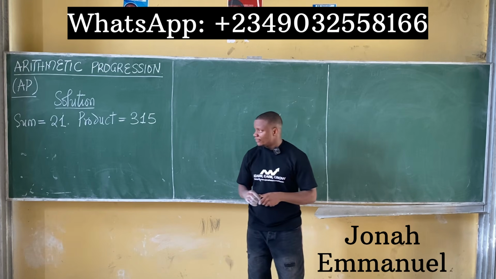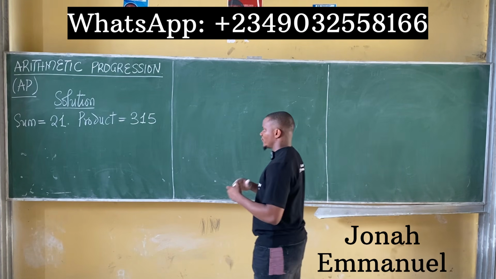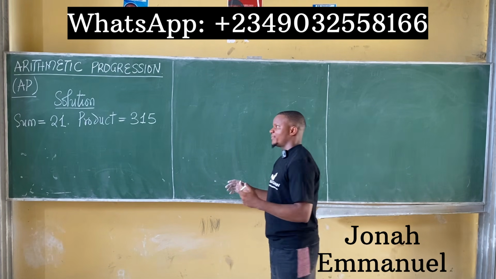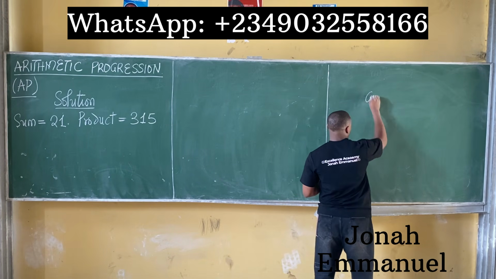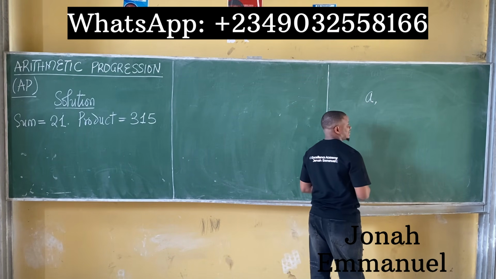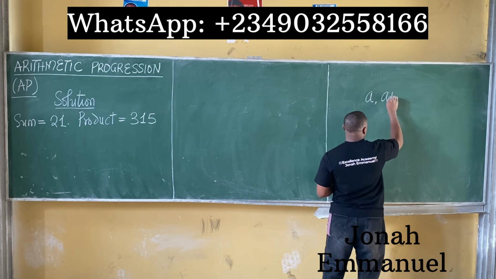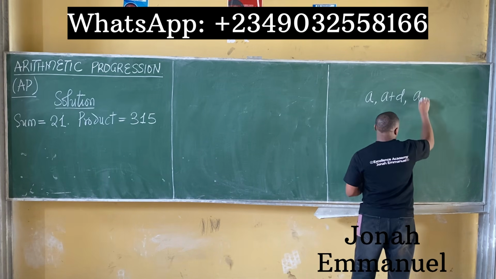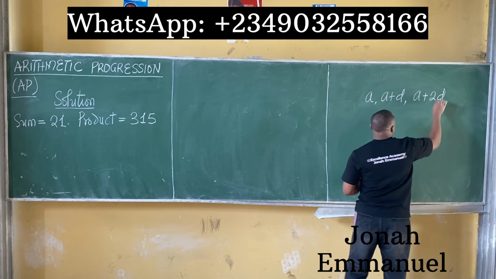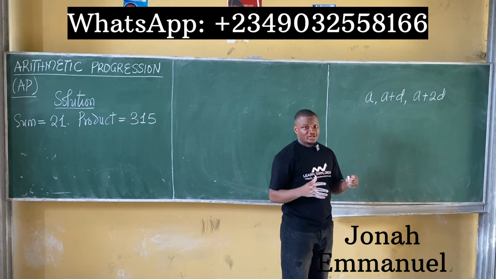So how do we solve this question? Now, we know that for an AP, usually the first term is A, the second term is A plus D, and the third term is A plus 2D, as we have already established in our previous class.